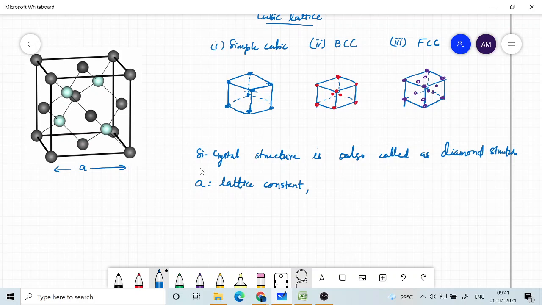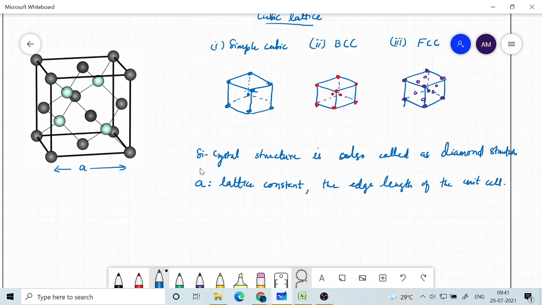So it's basically the edge length of the unit cell. I hope everybody knows what is a unit cell. Unit cell is the smallest cell which, if you repeat throughout by translating it in x, y, z direction, you will get the entire crystal.